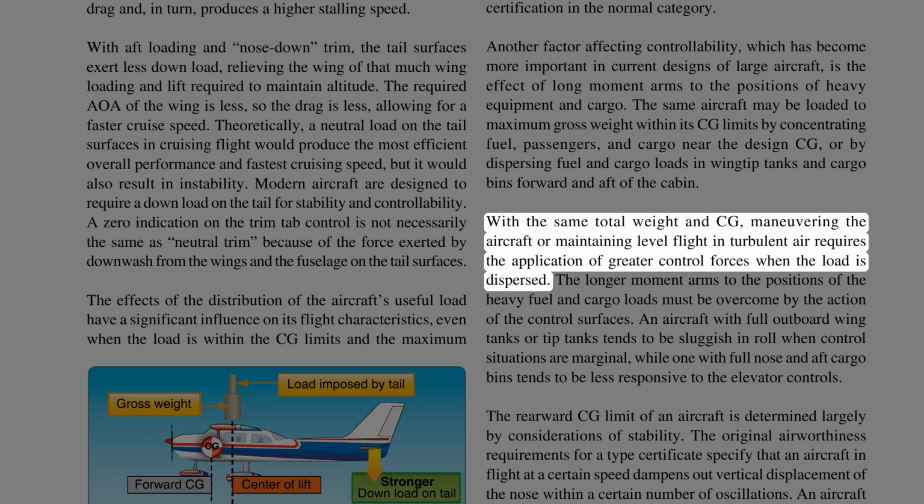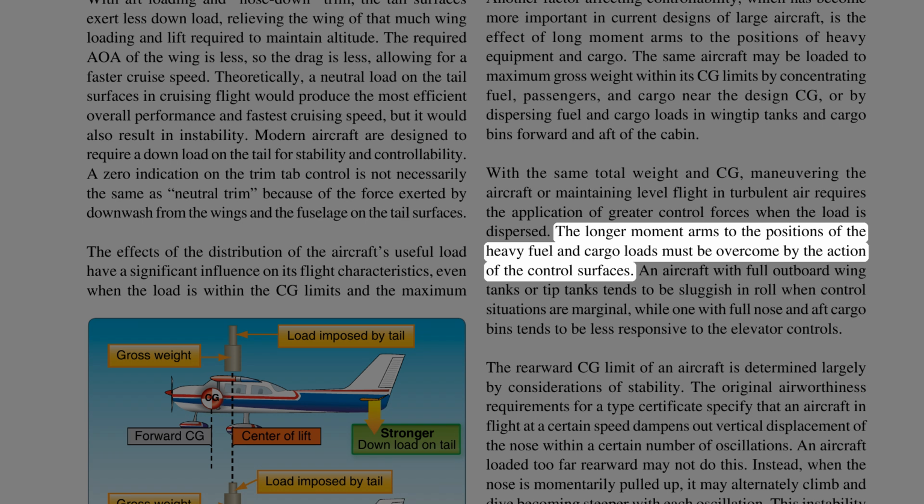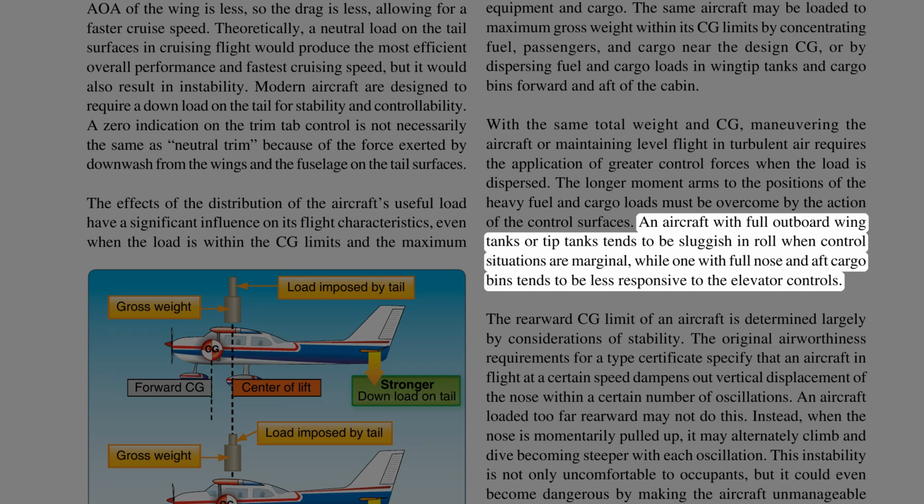With the same total weight and CG, maneuvering the aircraft or maintaining level flight in turbulent air requires the application of greater control forces when the load is dispersed. The longer moment arms to the positions of the heavy fuel and cargo loads must be overcome by the action of the control surfaces. An aircraft with full outboard wing tanks or tip tanks tends to be sluggish in roll when control situations are marginal, while one with full nose and aft cargo bins tends to be less responsive to the elevator controls.